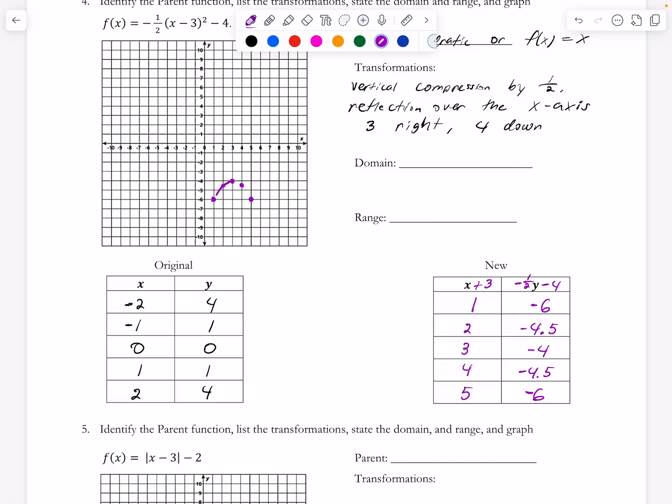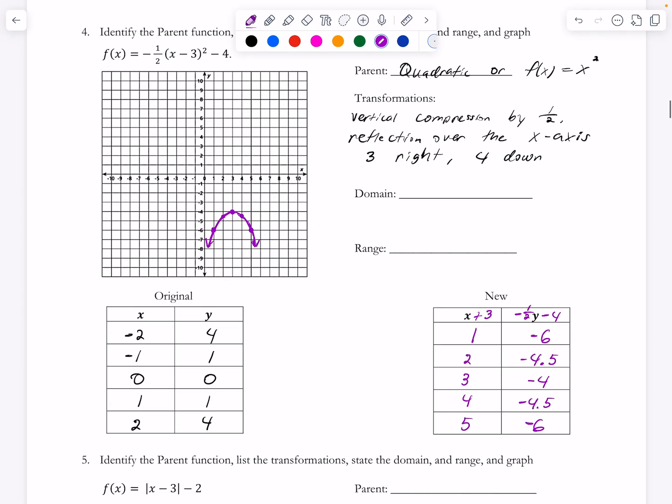Again, know how this works. This is a parabola. Excellent. So this one, I do have arrows going left and right forever. So my domain is -infinity to infinity. My range is -infinity. We're going down forever. My highest y value is -4, closing it.